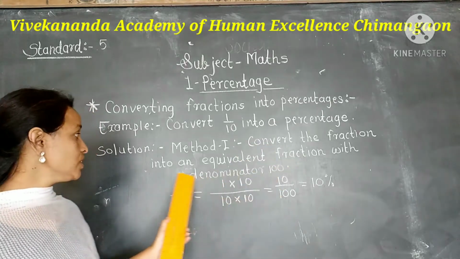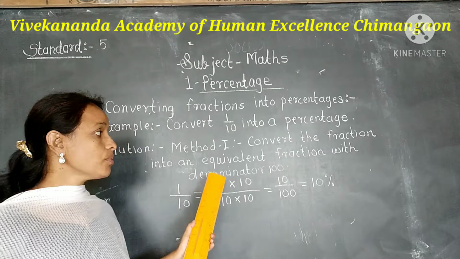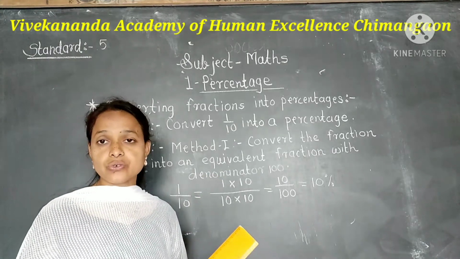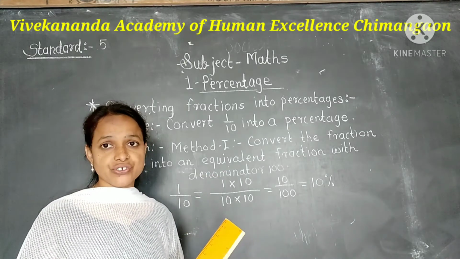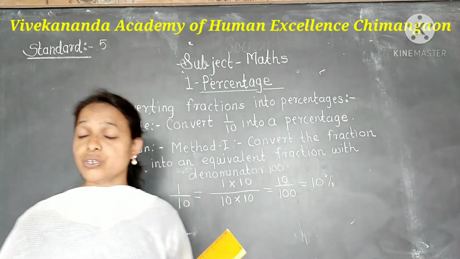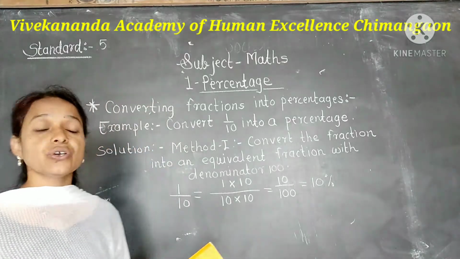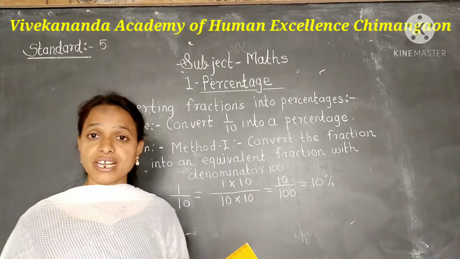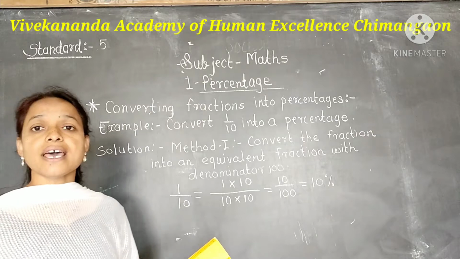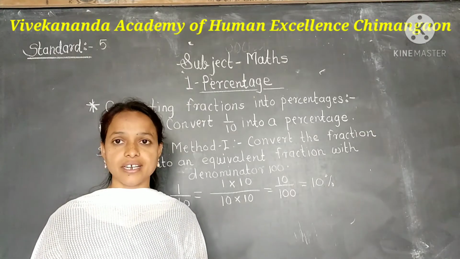Method first: convert the fraction into an equivalent fraction with denominator 100. Students, in the lesson on fractions you have learned how to convert a fraction into an equivalent fraction. But in this method, you have to convert the fraction into an equivalent fraction with denominator 100.